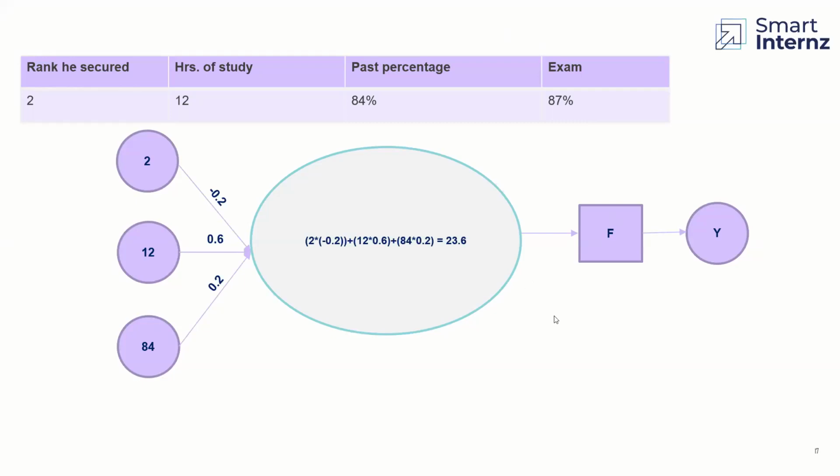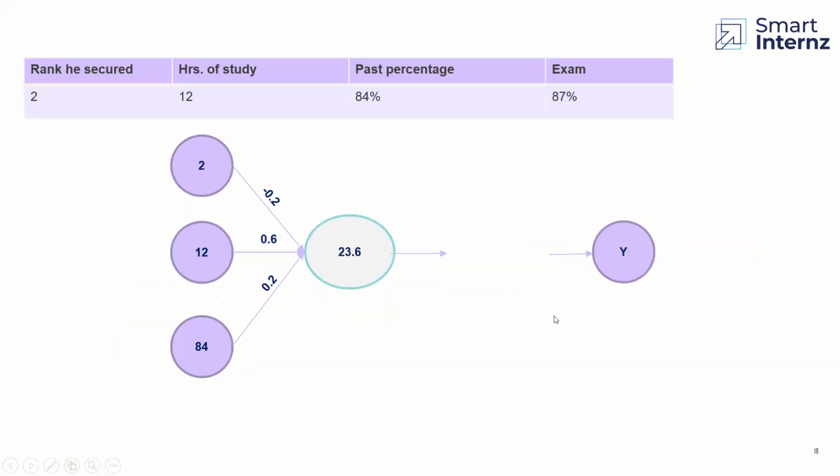Now we will understand in the next slide. Here we are getting 23.6. That is the weighted sum. I'm not assigning these weights. These are random weights, automatically assigned. We have one parameter called kernel initializer. Under that we need to pass random_uniform. With the help of that, it will initialize the weights.